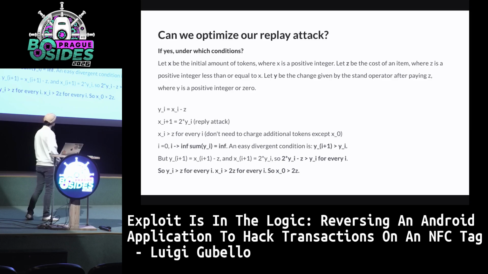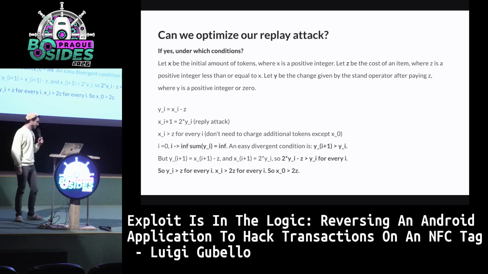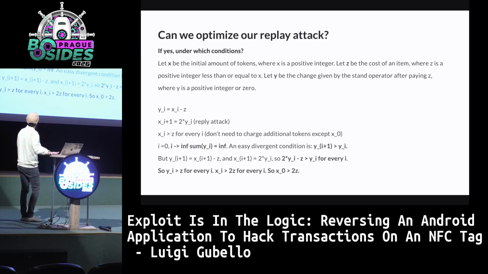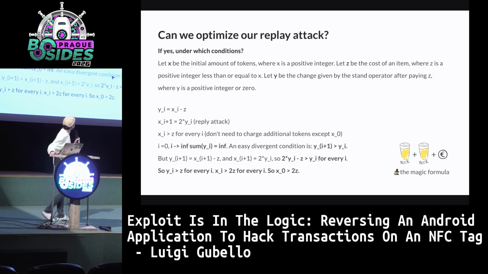If you want to buy the minimum number of tokens to, I don't know, get free beer for the entire festival, you just need to buy the number of tokens of one beer, multiplied by 2, and add just one token to that. If you have this, you have a divergent condition, and this means that for the entire festival, you can drink for free.